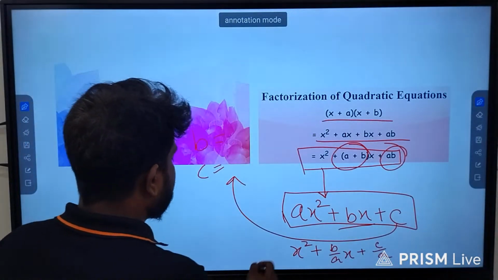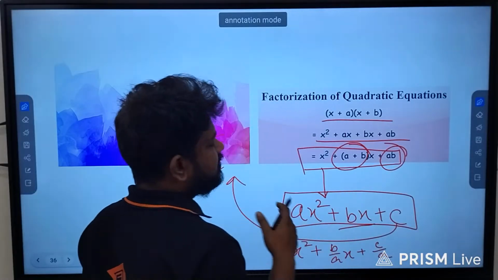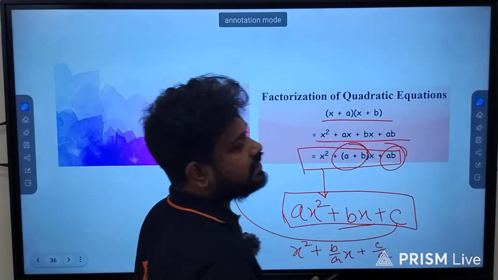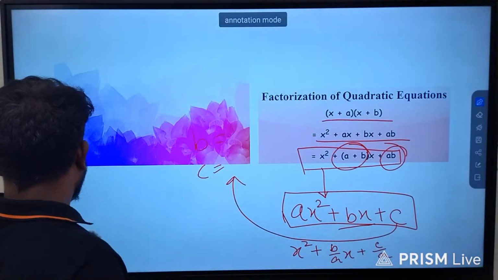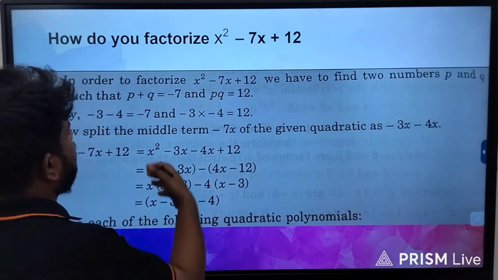And what does this mean? It means that b by a is the sum of the two given variables, and c by a is the product of the two given variables. We will discuss this more in the next slides.